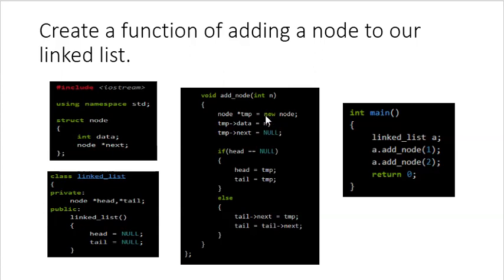If I write here new, a new node will be created, and the node will consist of the data and the next pointer, but it will be assigned to the temp. Then I will assign the data n, as the n value will be assigned to the data and the next pointer will be assigned null. And then we will check if head is equal to null.